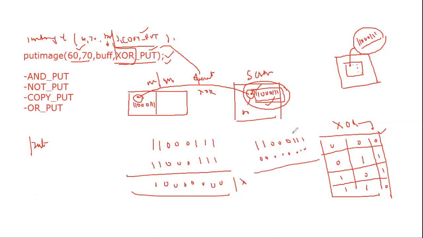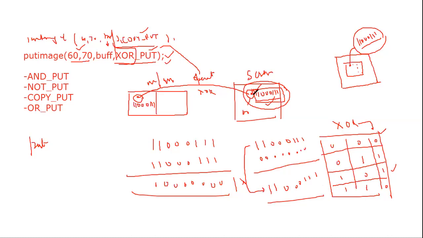Okay, now perform the XOR operation. 1, 0 will lead to 1, 1, 0, 1, 1, 0, 1, 0, 0, 0, 0, 0, 0, 1, and 1. So this is the same thing.